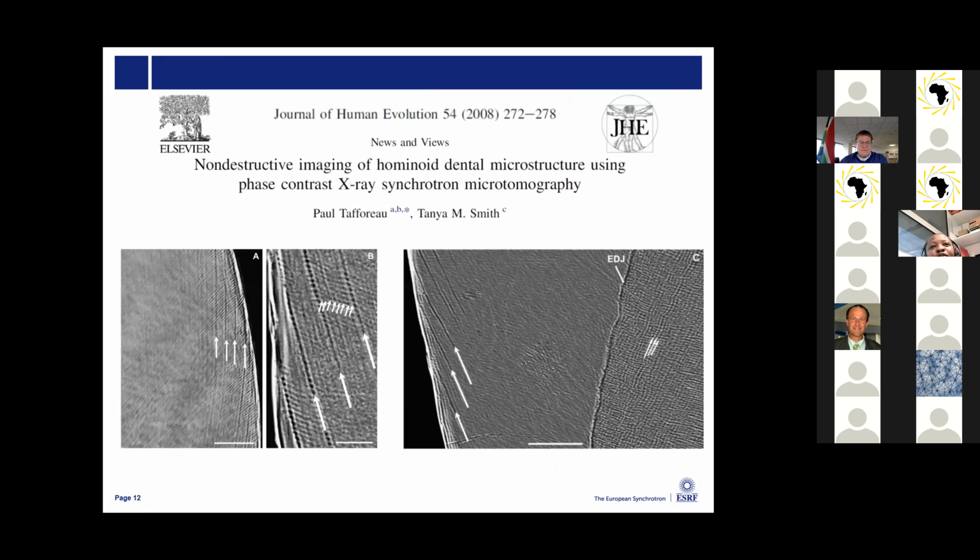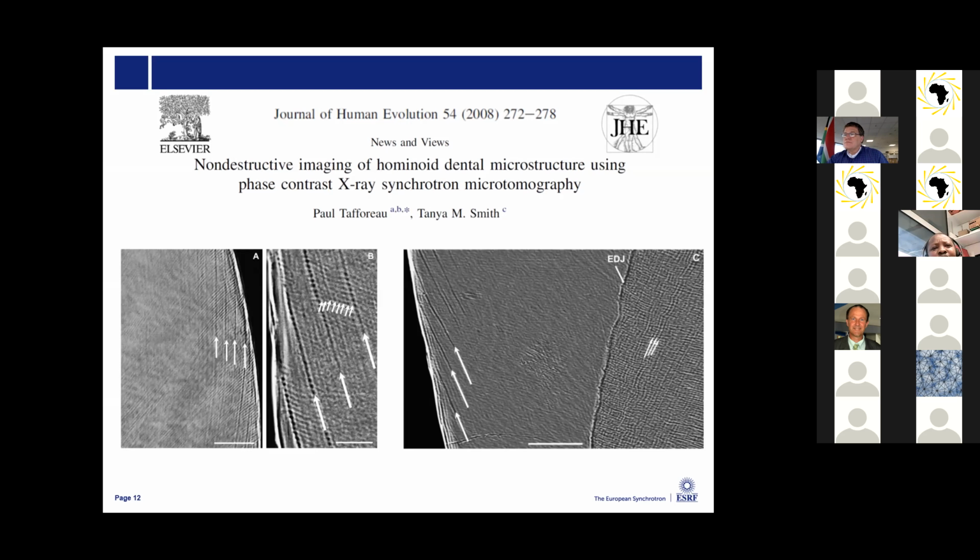Something else that can also be done at synchrotron light sources in paleontology. This is research that was done by Paul Tafforeau. This is the first experimental publication on a South African hominid, and it was the first demonstration of virtual dental histology.